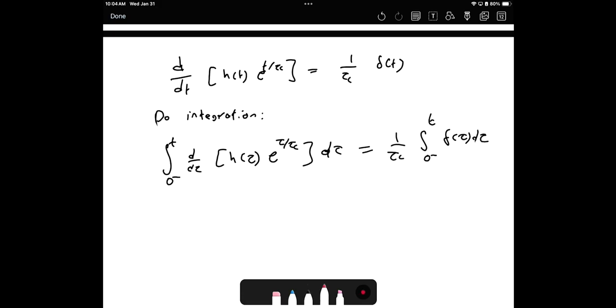So we recall the time derivative: du of t by dt equals delta of t.